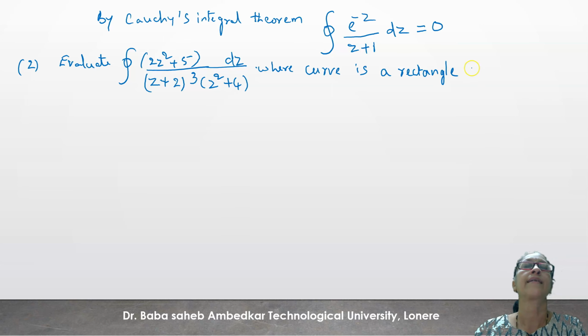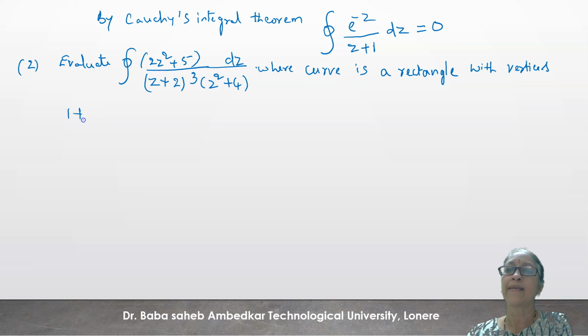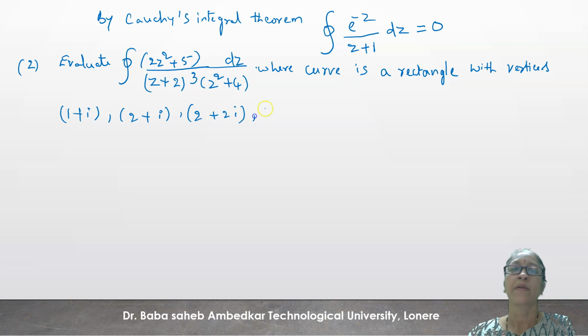The curve is a rectangle with vertices 1 plus i, 2 plus i, 2 plus 2i, 1 plus 2i. These are the vertices of the rectangle.